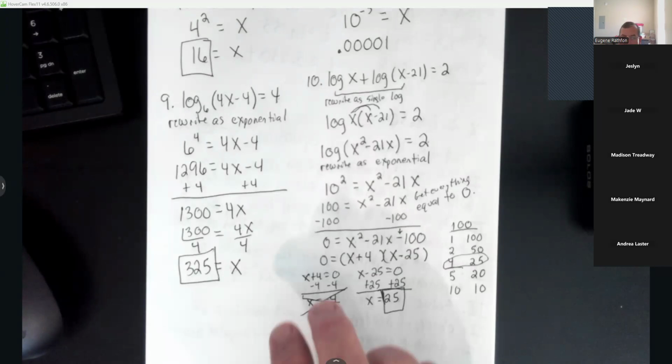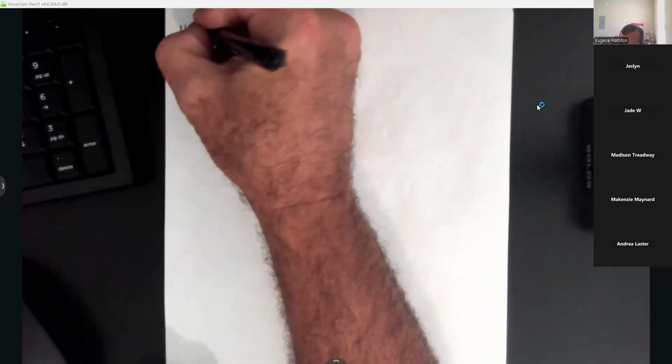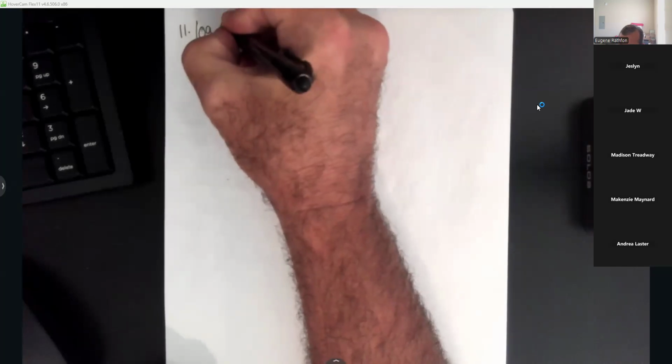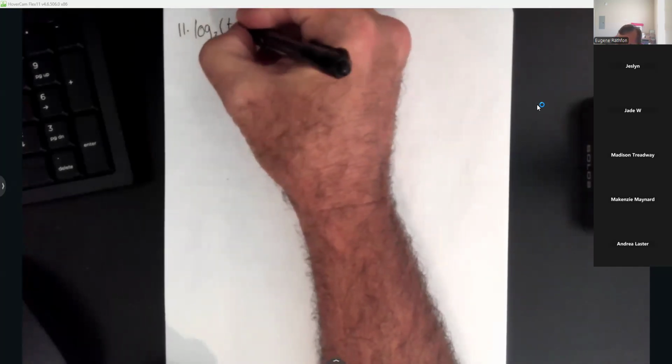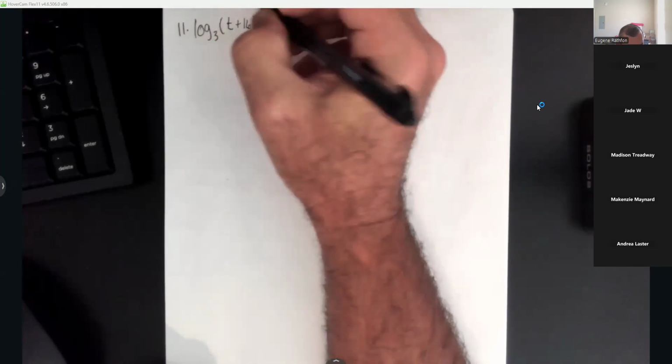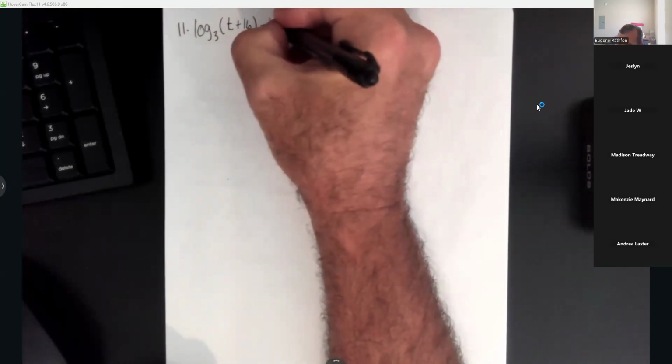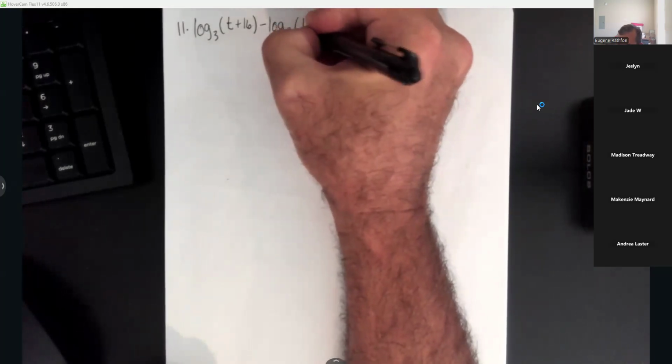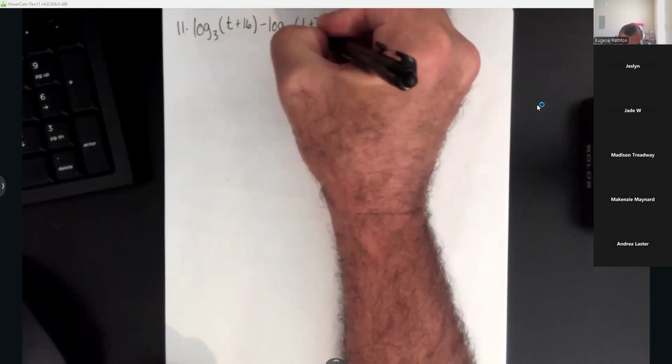Oh, look at this. Number 11's got logs everywhere. All right, I got a log base 3 of t plus 16 minus a log base 3 of t plus 7.